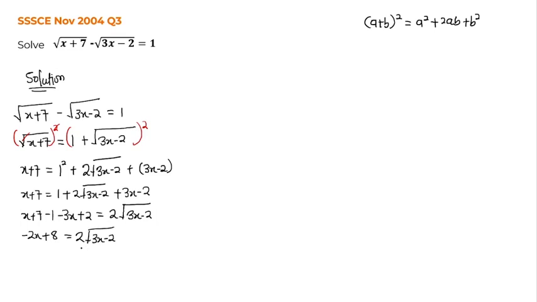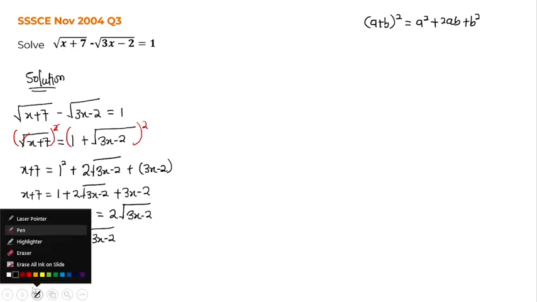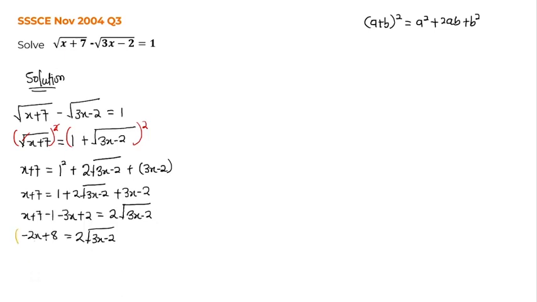Now from here you can see that we still have a root sign over here, so I need to square both sides to get rid of my root sign. So I square this side, and I square this side as well.